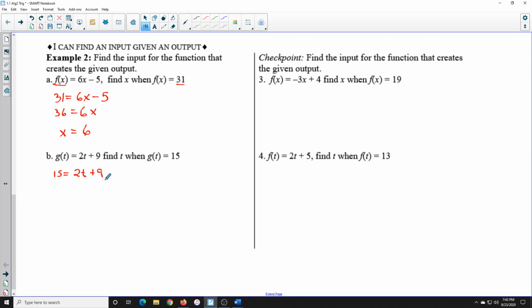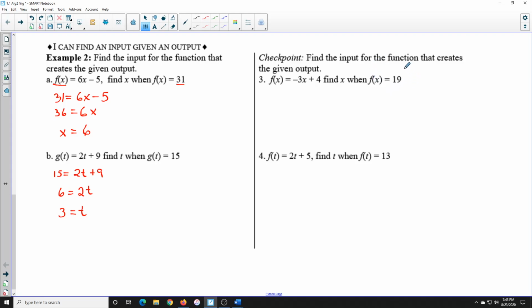So this one now solve for t. Subtract 9, so we get 6 equals 2t. And then divide by 2, we get t equals 3. That's it. So pause now, do the checkpoints, and then I will go over these.